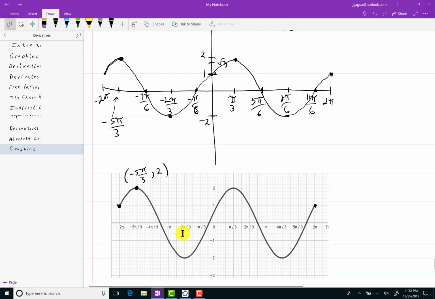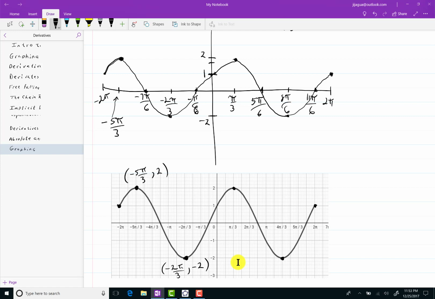Negative 2 pi over 3 at negative 2. All right, and then I had pi over 3, 2. These are all matching up with my graph. I should take this radical 3 out of there. I figured I might do that, but let's go ahead and put you in there. It looks so sad.